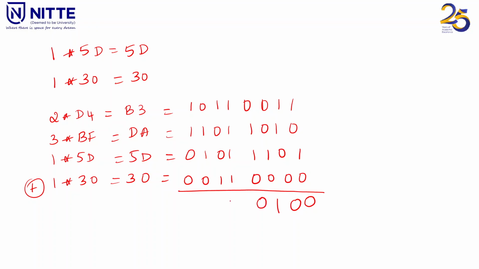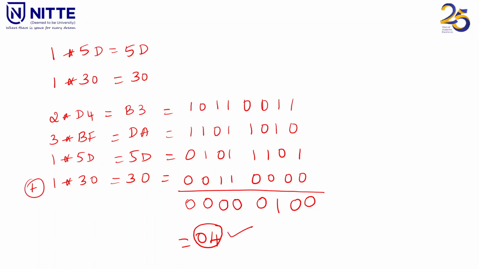Next 0. In the next case, all 4 ones are there, 0. Next 0, next 0, the next 0. So I convert this for the output. After multiplying this, I am able to get the answer as 04.